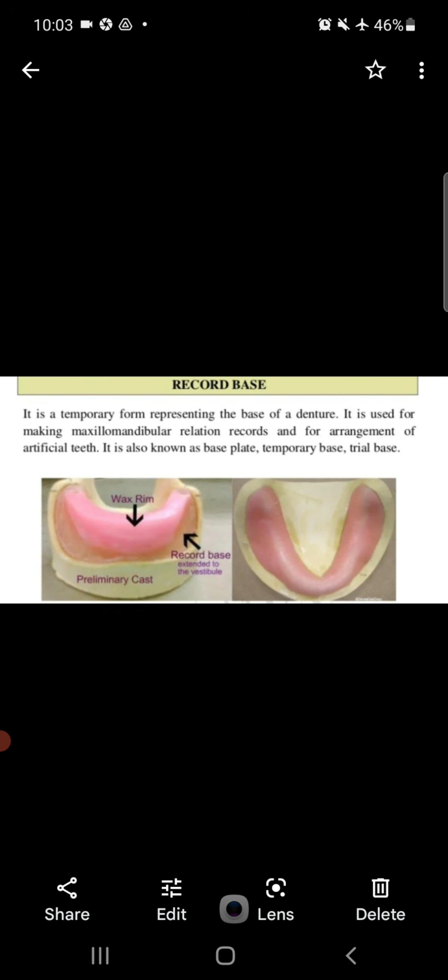Now in this picture on the left side there is a record base or base plate, and on the right side above it, because record bases are extended into the vestibule area, we have an occlusal rim. The record base is in the red color and the wax occlusal rim is in the pink color, and below is the preliminary cast or secondary cast.